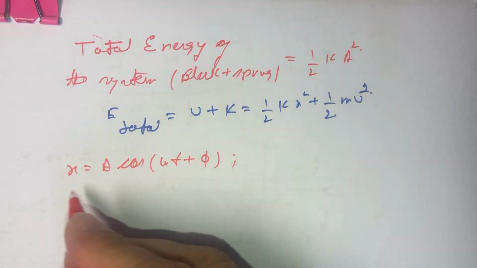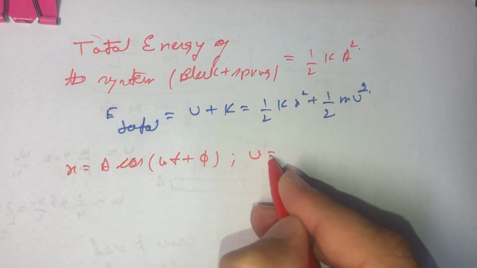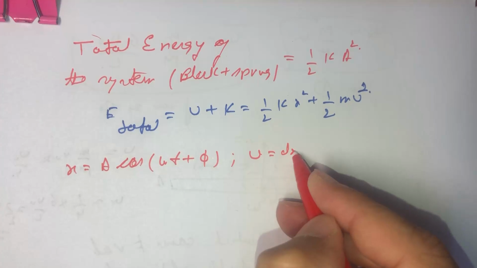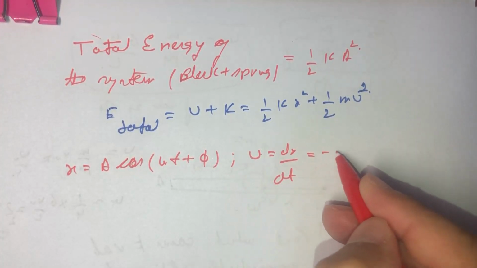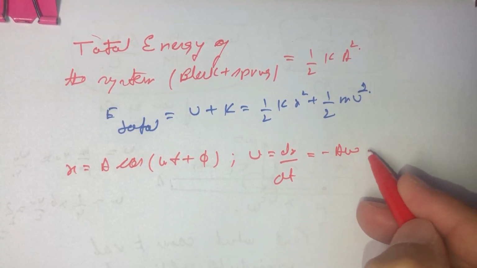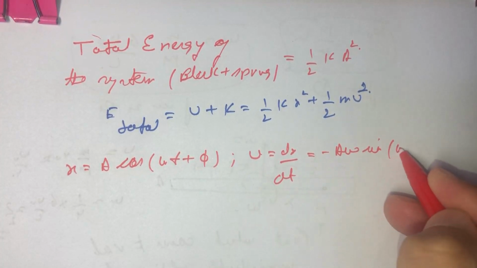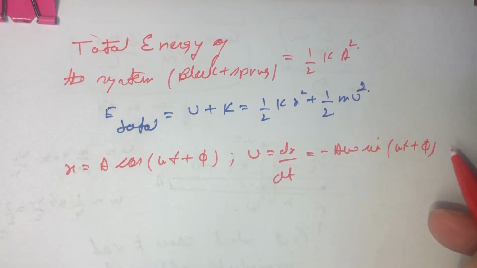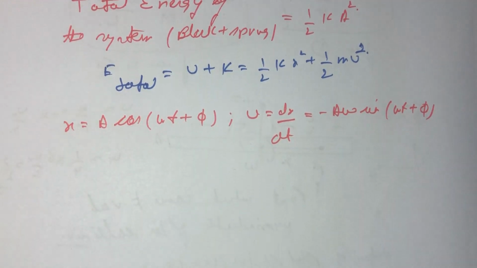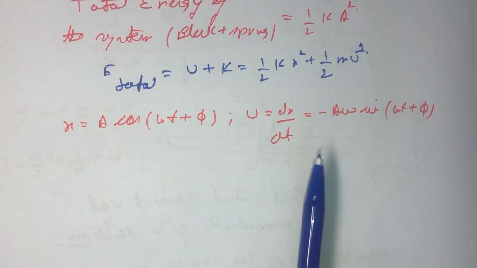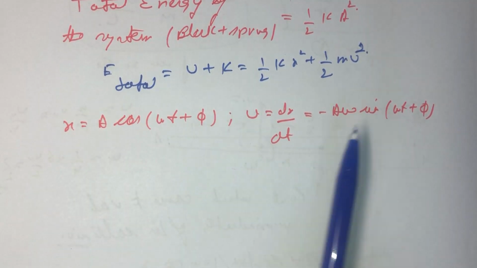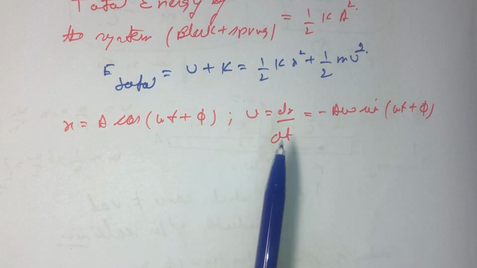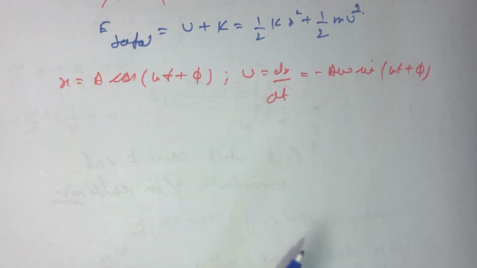Therefore the velocity, which is the derivative of x, dx upon dt, will be minus a omega sine of omega t plus phi. So we can plot U as well as K with respect to time. Okay, so let's plot it.